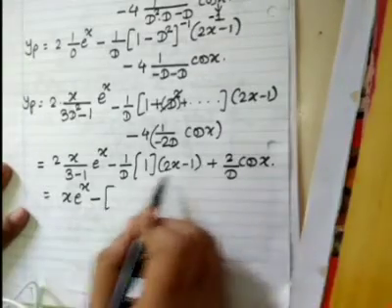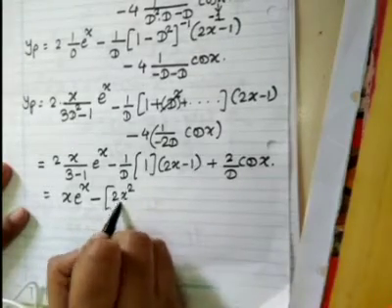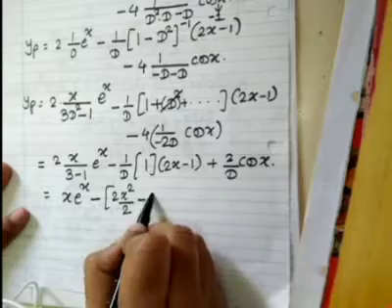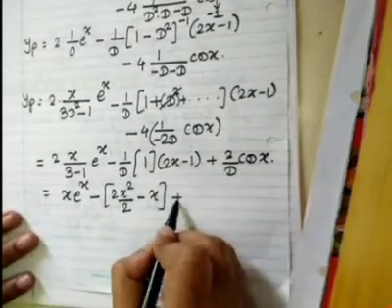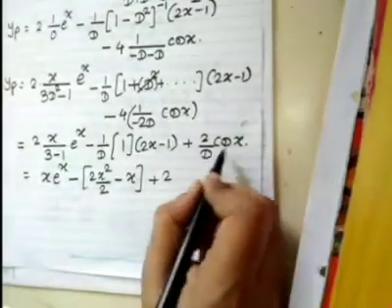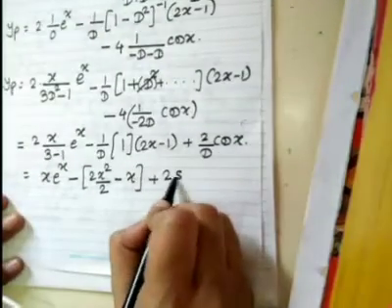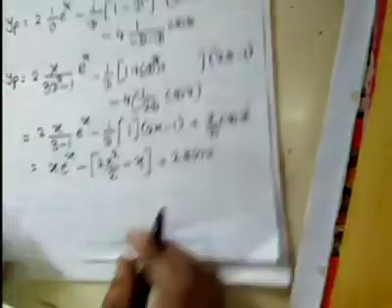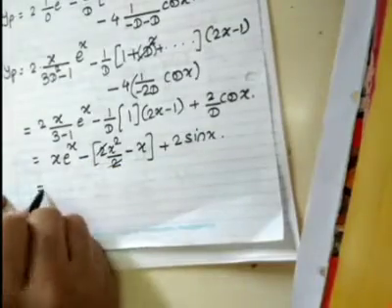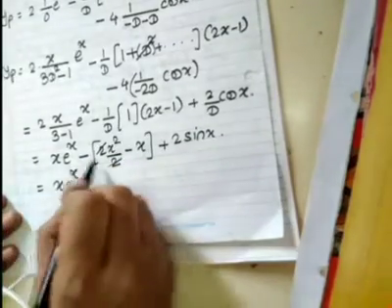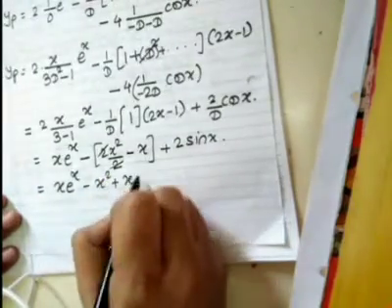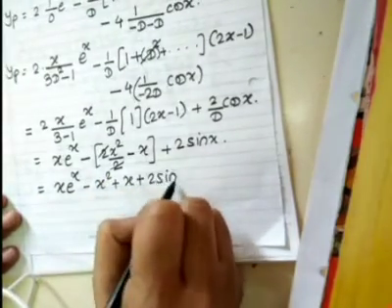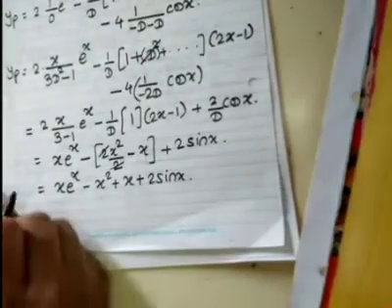What is the integration? 2 into x square by 2 minus x, integration of 1 is x, plus 2 into integration of cos x, sin x. Very good. So the 2 and 1 cancel. So it is x e raised to x minus x square plus x plus 2 sin x. Done. This is your yp finished.